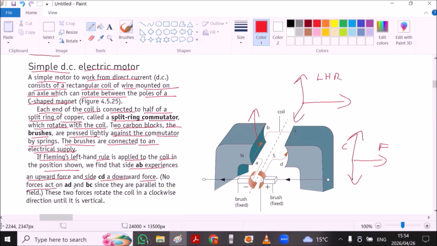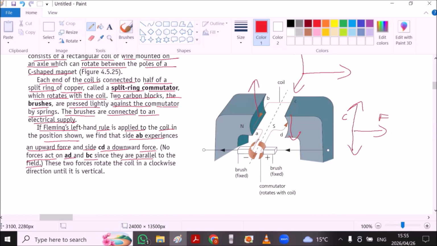No force will act on AD and BC, since they are parallel to the field. So forces will only act on AB and DC. The one is upward, the other is downward. So this coil will rotate about this axis in a clockwise direction.